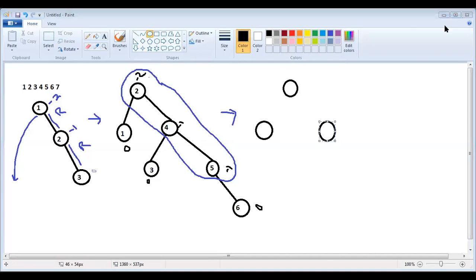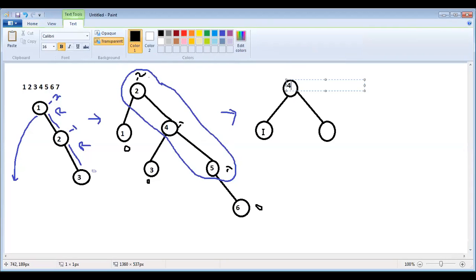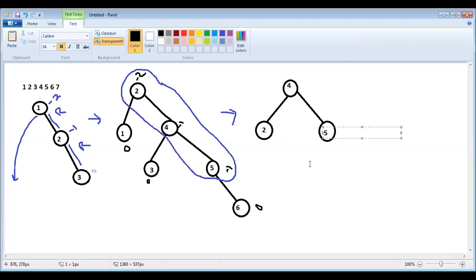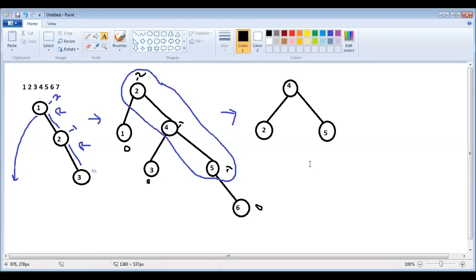Correct. So I have put it like this. Okay, so we'll just insert the other elements.